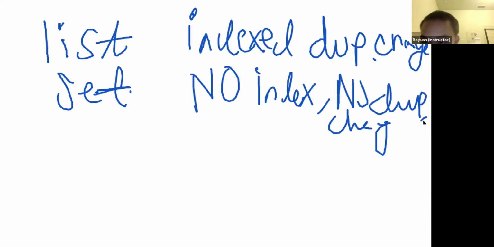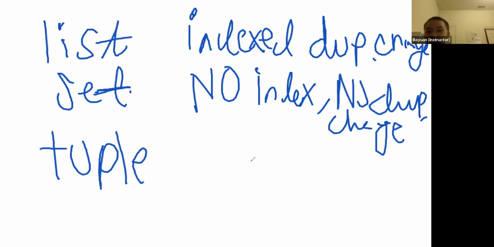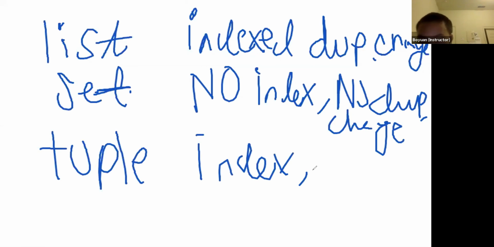After that, we get something called tuple. It's also a commonly used data type. It's indexed, and it allows duplicate values, but it's not changeable. So I'm going to write not changeable.